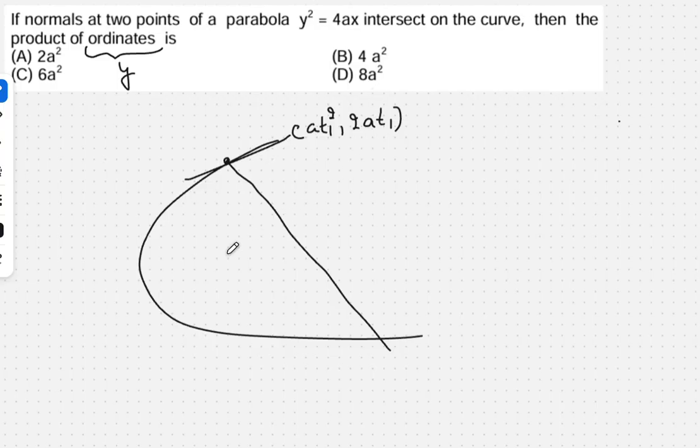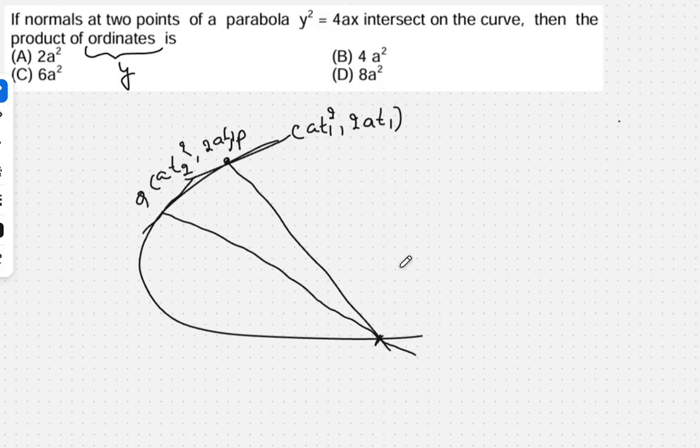Parametric form is most helpful when it comes to conics. Okay, let's say another normal is drawn at this point. This is Q. Let's say at point Q another normal is drawn, at2 square comma 2at2.